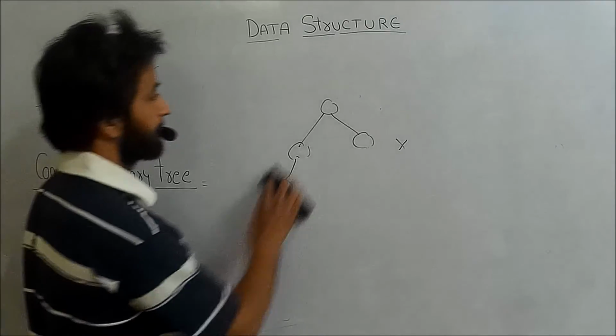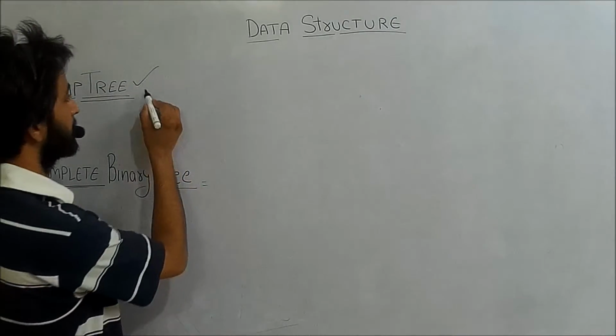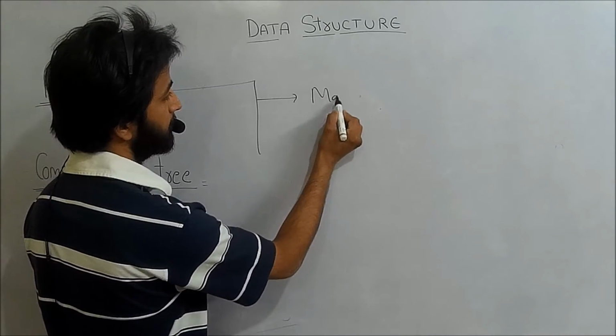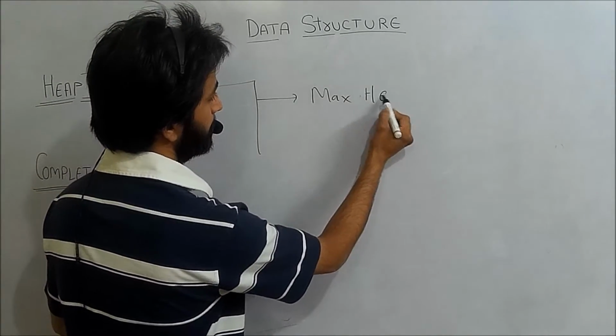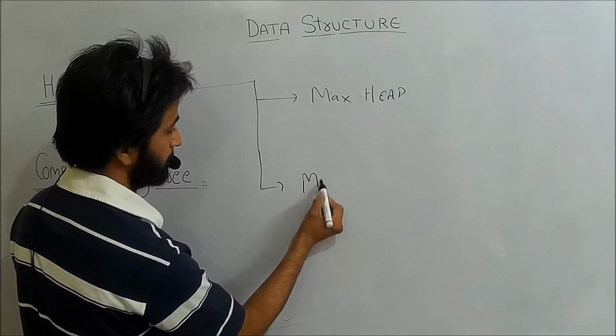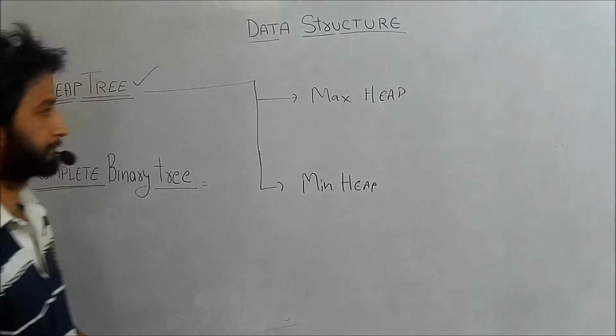heap tree. Okay, so we can classify these heap trees into two types. The first is max heap, and the next one is min heap.